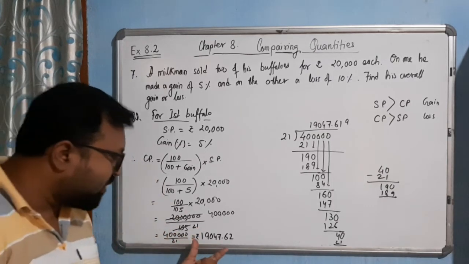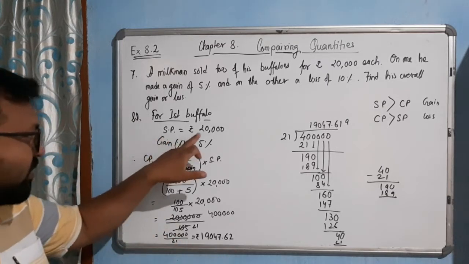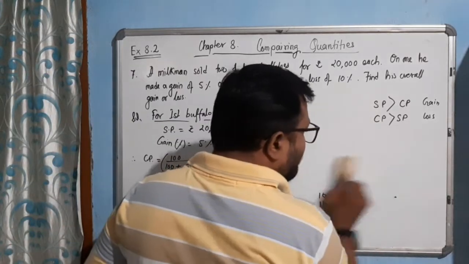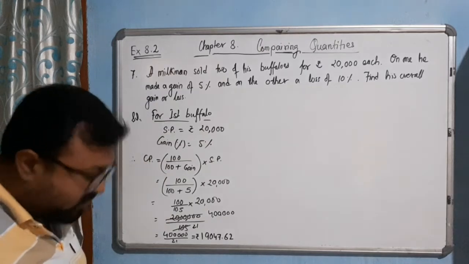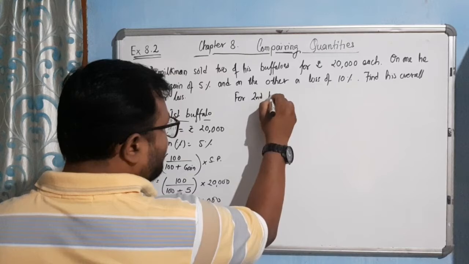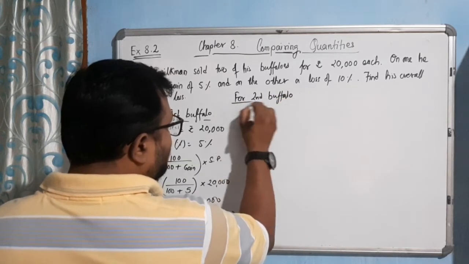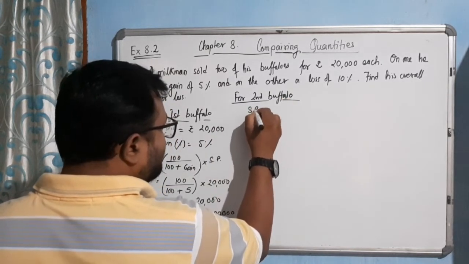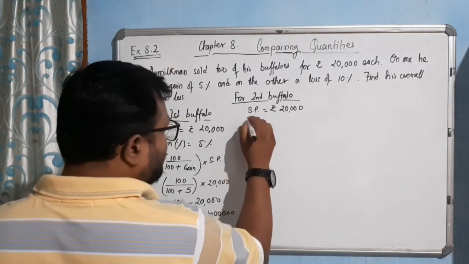See, he bought the buffalo at 19,000 something and he sold it at rupees 20,000. Definitely there will be a gain. Now come to the next buffalo. Suppose for the second buffalo, this one will be the selling price, same thing, rupees 20,000.